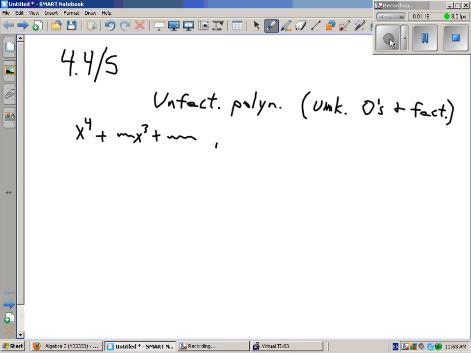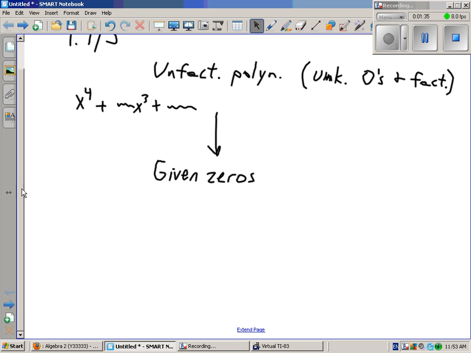The first thing we want to try is to take advantage of any given zeros. So are there any zeros that we are given right off? You may remember that on several of our problems we had a couple of zeros given to us, usually complex zeros.